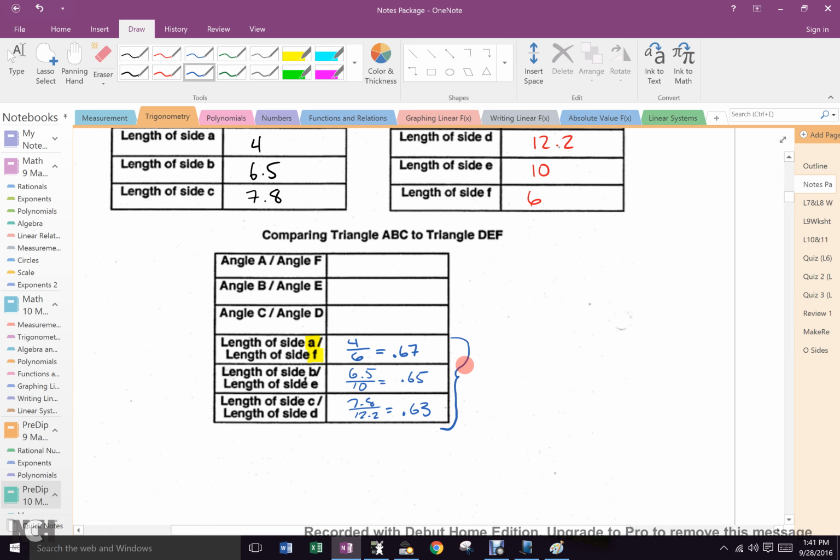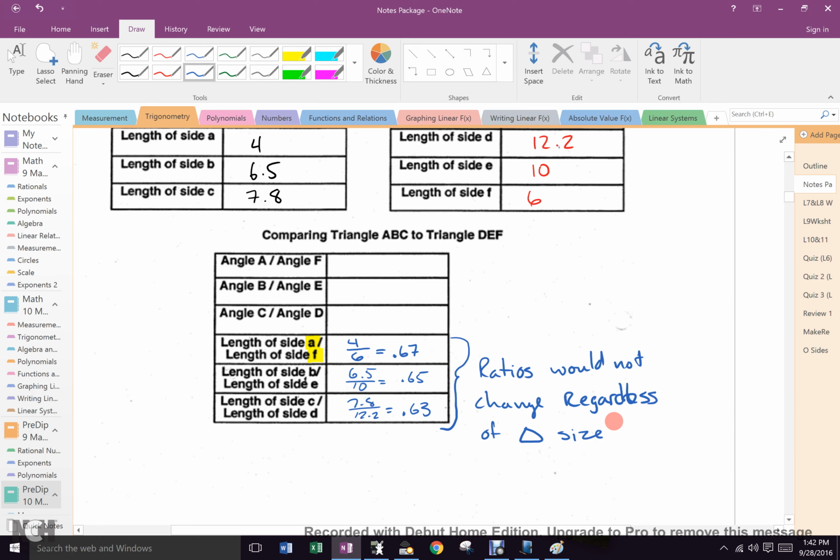All right? These ratios would not change regardless of triangle size. Does everybody understand that?